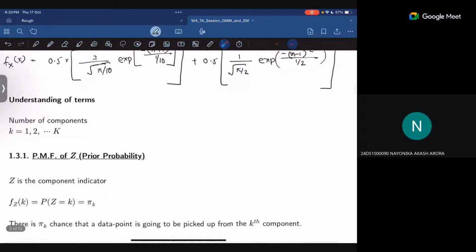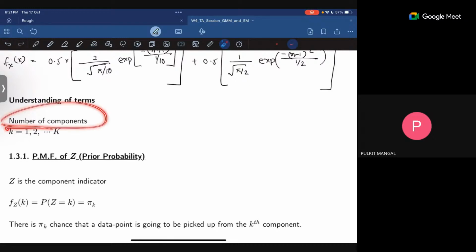Thank you. Now let's understand each term involved in GMM in a little more detail. First of all, we will consider that we have k components, from 1, 2 till k.